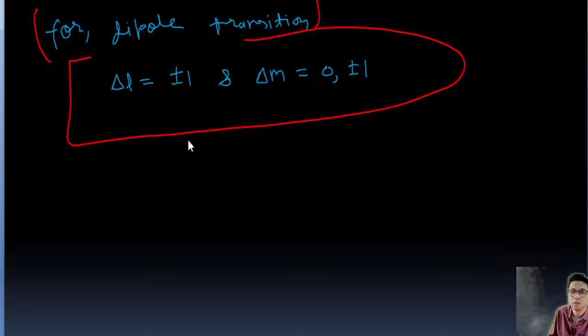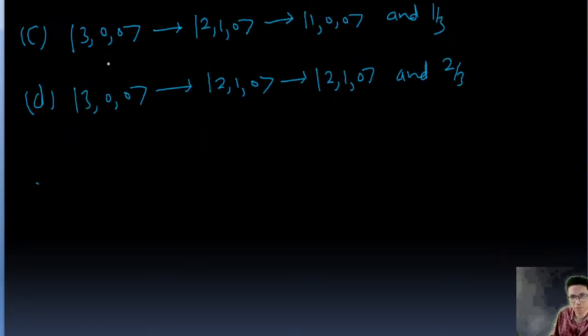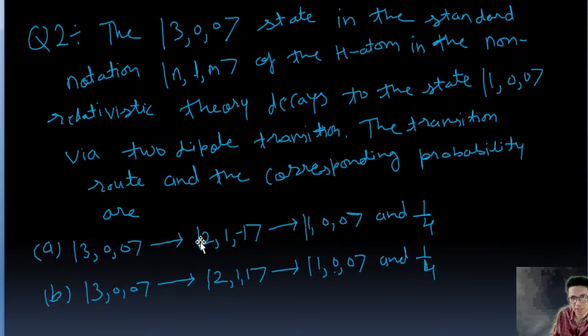If we check all the options, we can see n equals 2 for the intermediate state in all options.